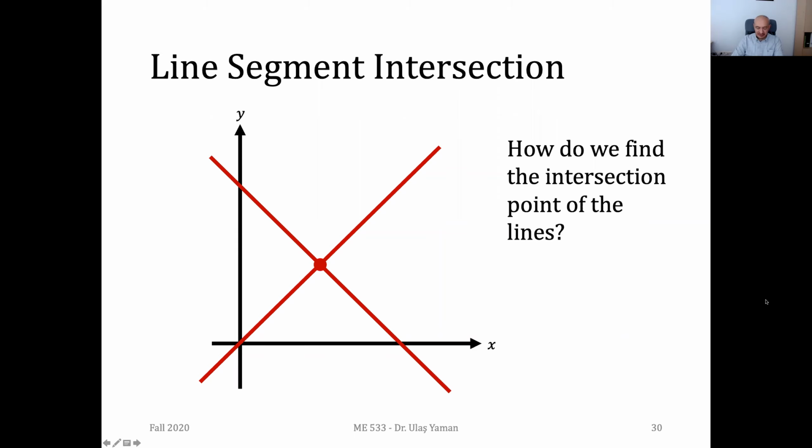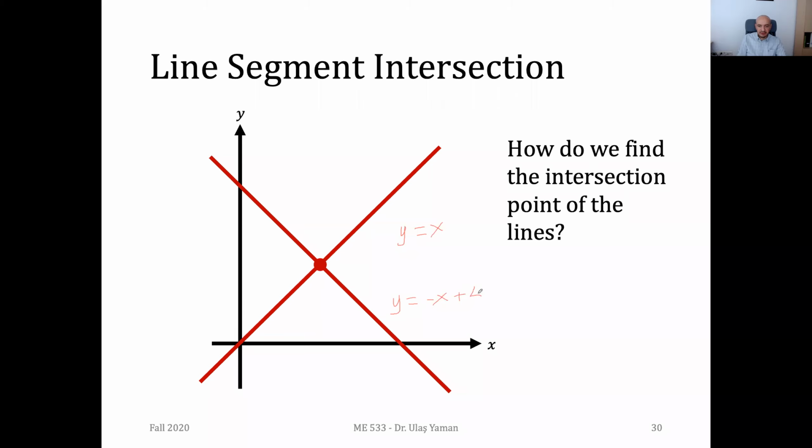These are some simple lines. I can write that. Sorry. This is y is equal to x, obviously, and the other one is y is equal to minus x plus some value. Assume that this is 4.